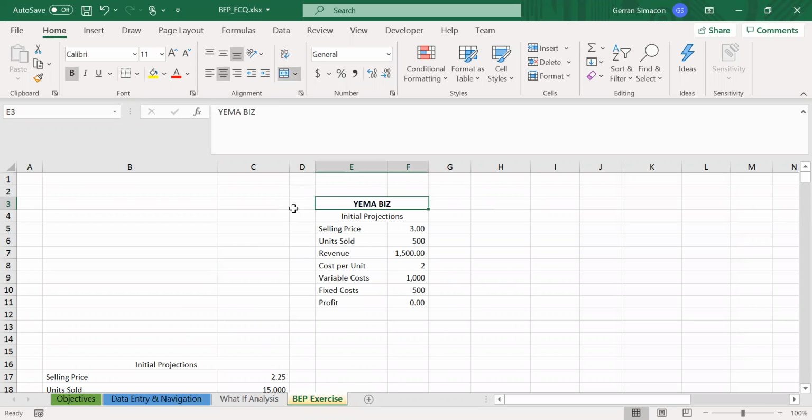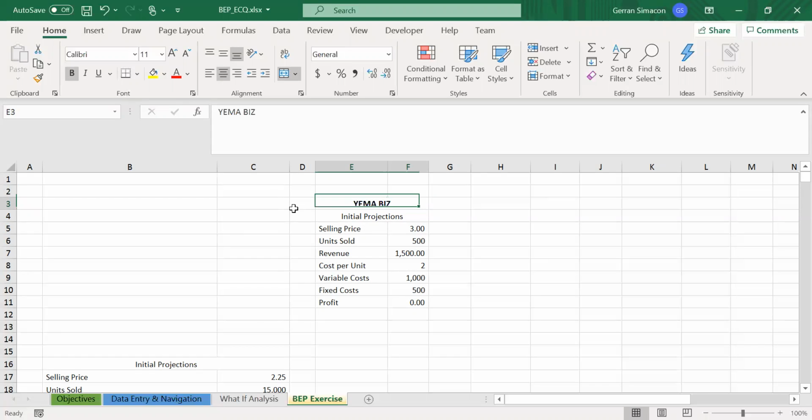Sample lang ni siya ang break-even point analysis sa what if analysis. Although naapidaghan niya mga, like for example, loan amortization, pwede na siya magamit ang kaning what if analysis for that loan amortization. Pero later na siya. For now, break-even point na sa ato ang i-discuss, ang ato ang i-example.